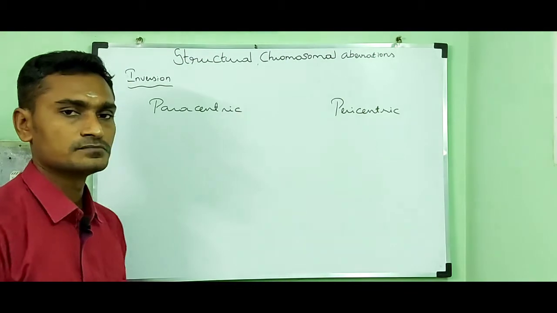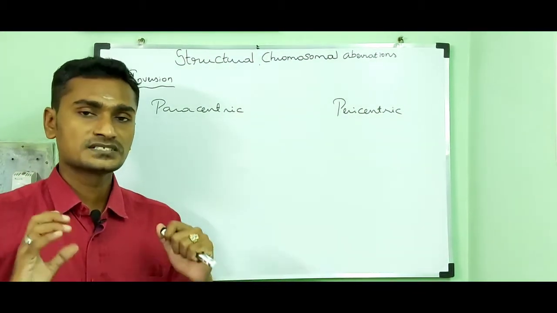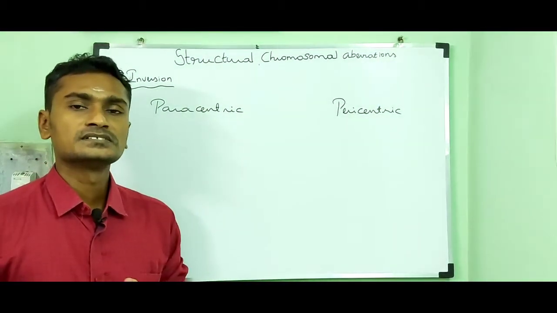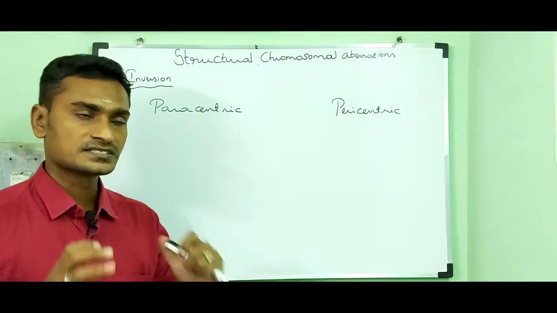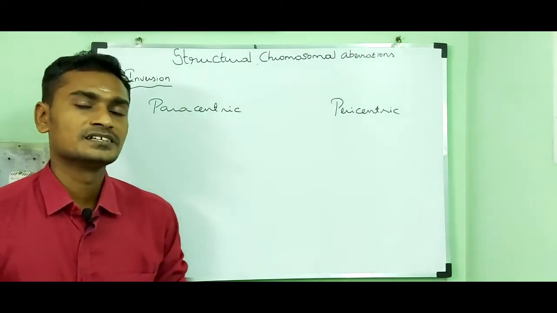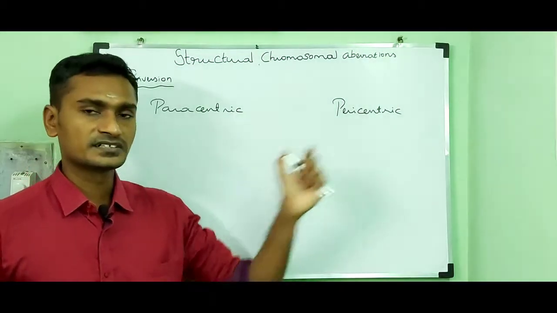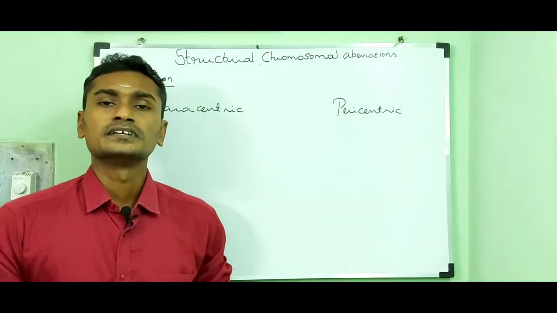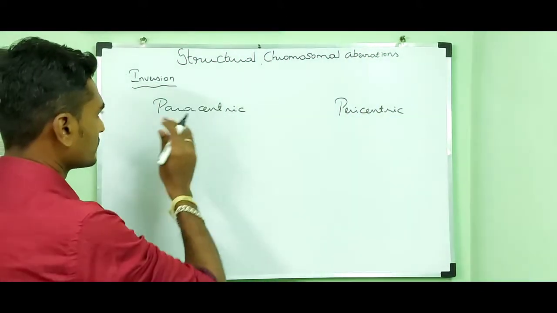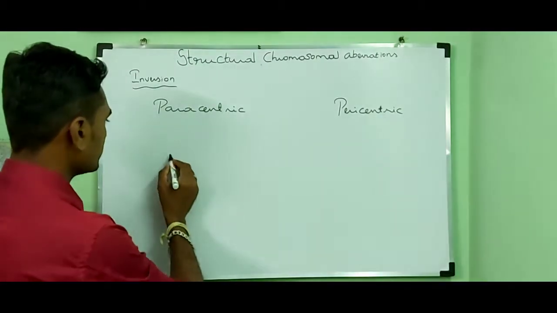Paracentric inversion means an inversion takes place apart from the centromere, while pericentric inversion means an inversion includes the centromere. So now I am going to explain the paracentric with a diagram.